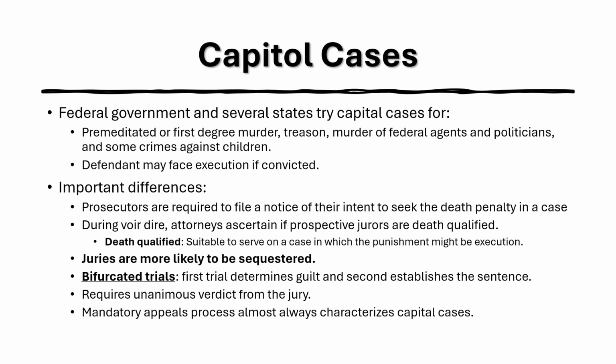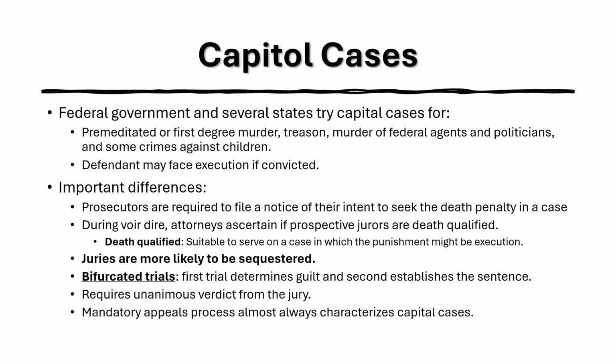There are some people who will say, I will never be able to sentence someone to death, or I strongly oppose the death penalty, it should be abolished. Well, prosecutors will probably not want those people on the jury because it could lead to a hung jury or a deadlock. So in the voir dire phase of jury selection, the prosecutors and the defense attorneys will be asking questions to make sure that the prospective jurors are able to truly serve on a death penalty case.